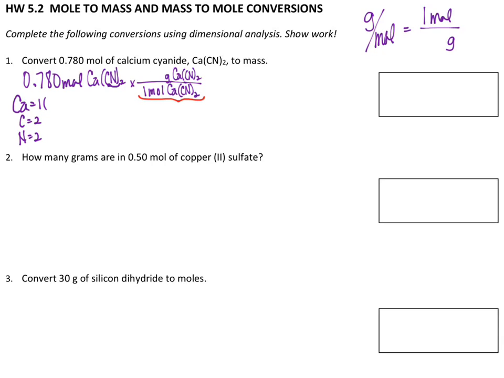I look at my periodic table of elements, and it tells me that calcium's mass is 40.078. Carbon is 12.011, and nitrogen is 14.007.